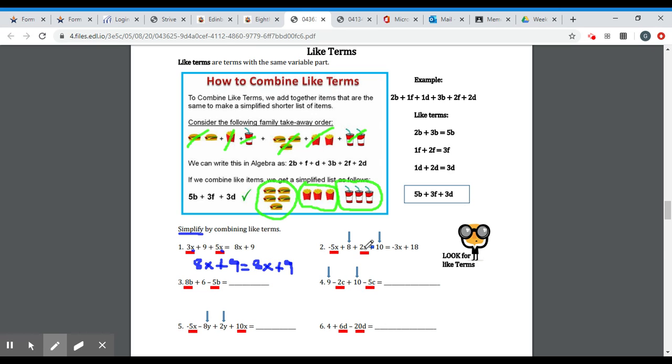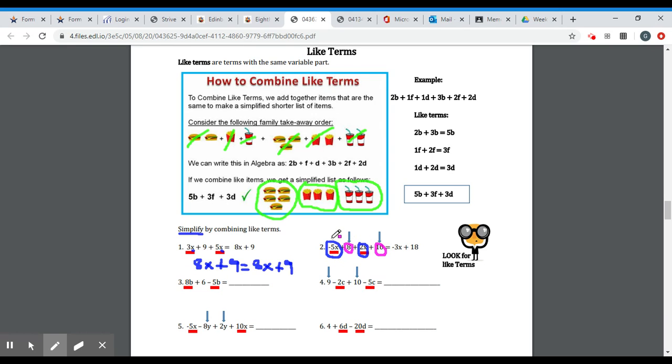Let's look over here. On this next one, I have negative 5x plus 8 plus 2x plus 10. Okay, so I have 2 sets of like terms. I have my x's, negative 5x and 2x, and then I also have my constants or my integers of 8 and 10.